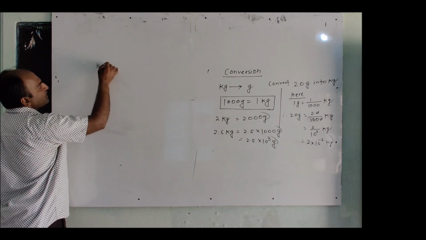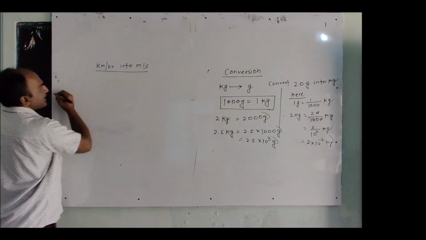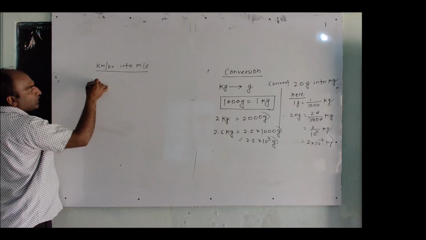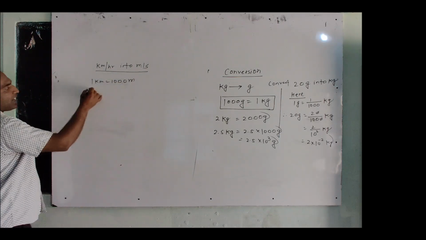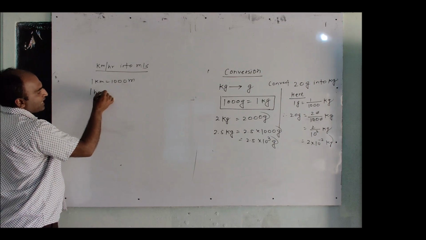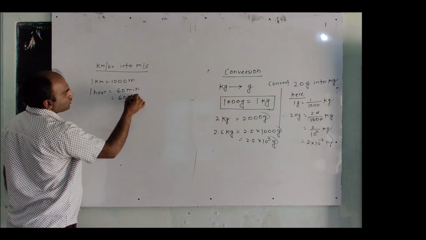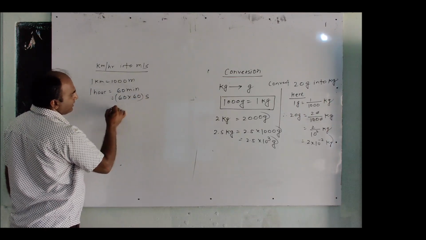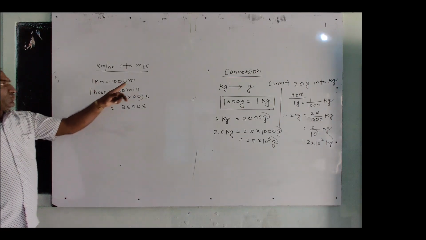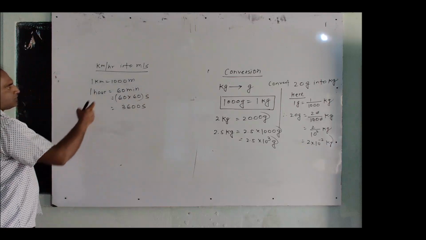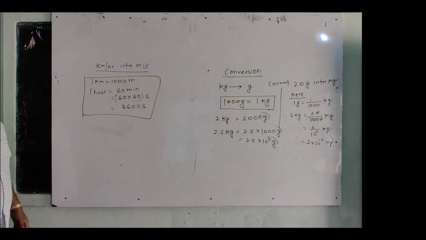We know 1 kilometer equals 1000 meters, and 1 hour equals 60 minutes, which is 60 into 60 seconds, equal to 3600 seconds. By using these two pieces of information, we can convert kilometer per hour into meter per second.